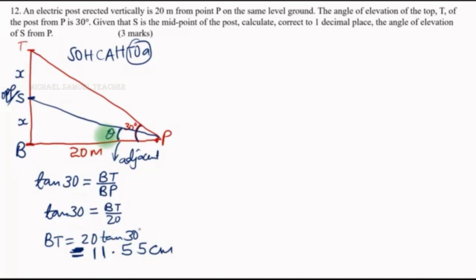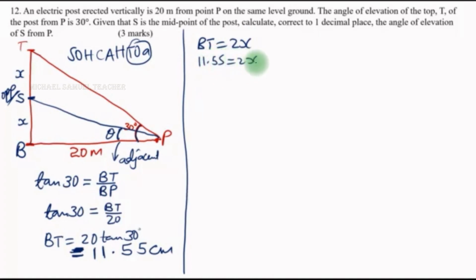Also, to get theta, I need now to get X. So for my case, BT is equal to 2X, therefore 11.55 equals 2X, therefore X is equal to 5.775.